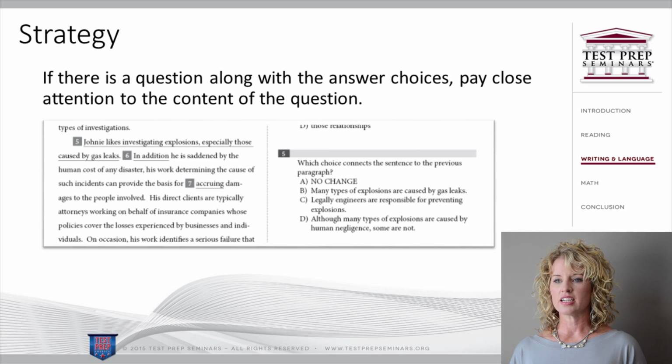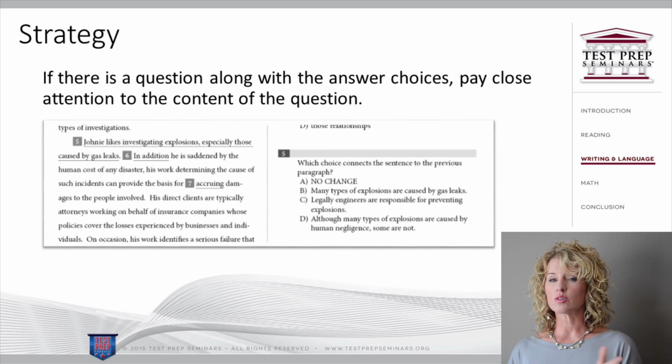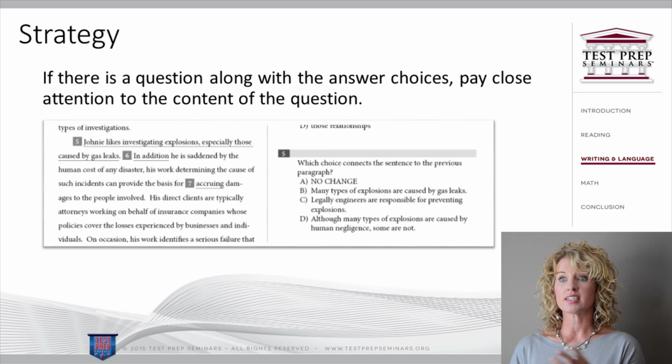When you see that, chances are you need to answer the question. You don't want to look for punctuation or flow here. You want to actually answer the question. That's more of that logic part, being able to find the data and analyze it. So that's not a punctuation or a flow issue, that's a can you actually answer the question issue.